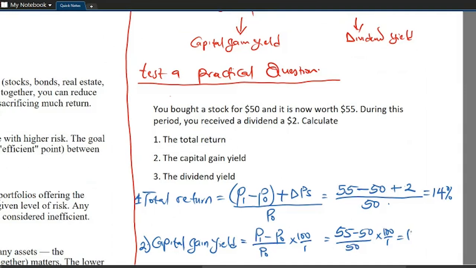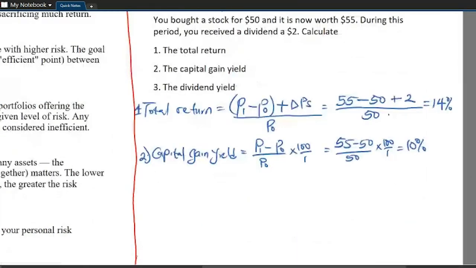That gives 10%. When we say capital gain, we are saying what has been the gain on the market price per share, because the price is currently 55 and I bought it at $50, which means the share price has appreciated by $5, and that gives us 55 minus 50 over 50 to arrive at 10%. So what about dividend yield, which is number 3?